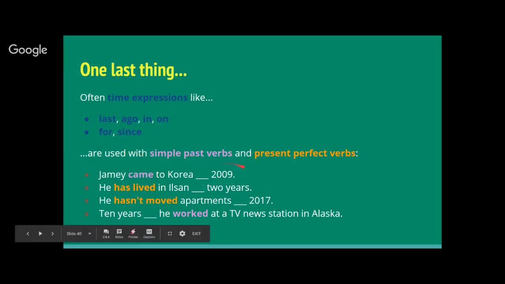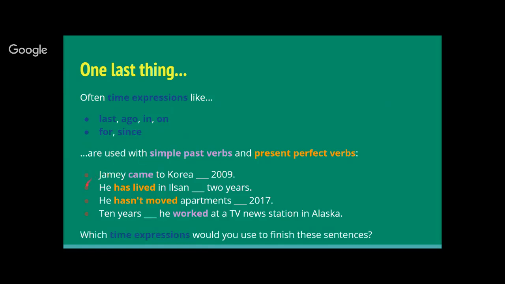And rather than me telling you which time expressions go with which verb tense, what I'm going to ask you to do is read these sentences, one, two, three, four here. Read these sentences and decide which time expressions to use in the blanks. So I'll give you 30 seconds for the first question. So Jamie came to Korea blank 2009. What should this be?